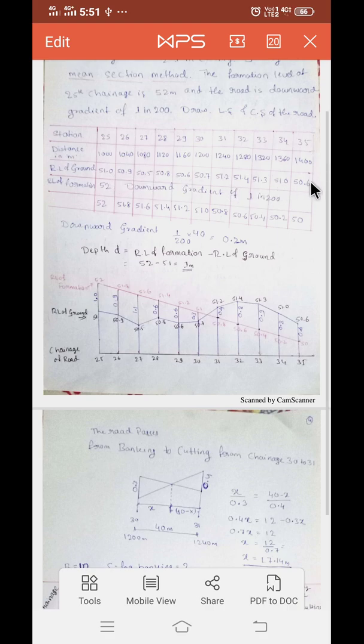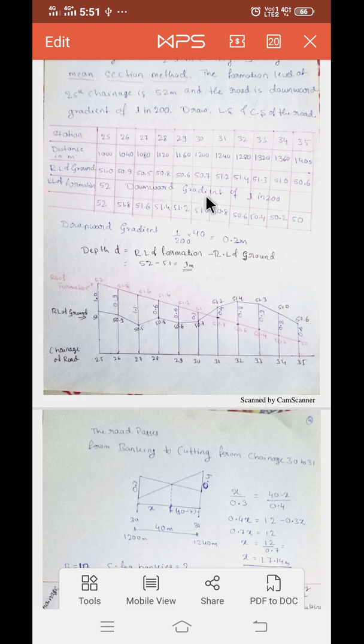Okay, the RL of the ground is 50.9, and so on, given here. What they have given, the RL of the formation at 25th chainage is 52 meter and it is downward gradient of 1/200. So calculate the RL of the formations here. Downward gradient is 1/200 into one chain length, that is 40 meter, so it will be 0.2 meter.